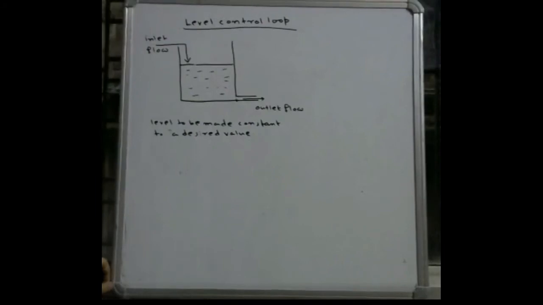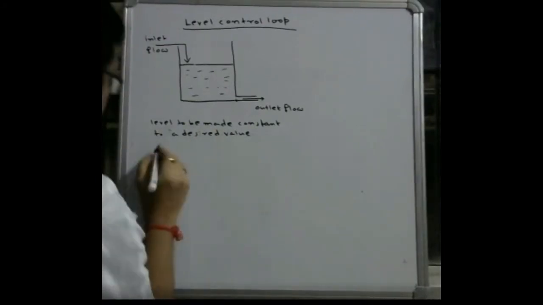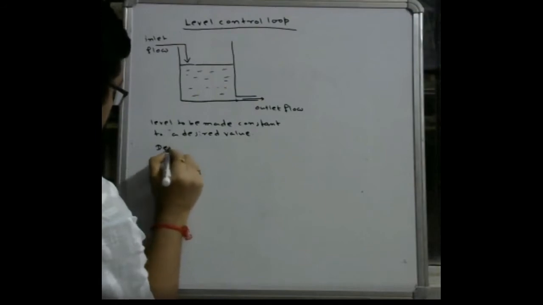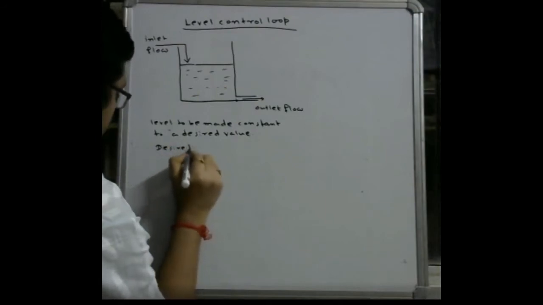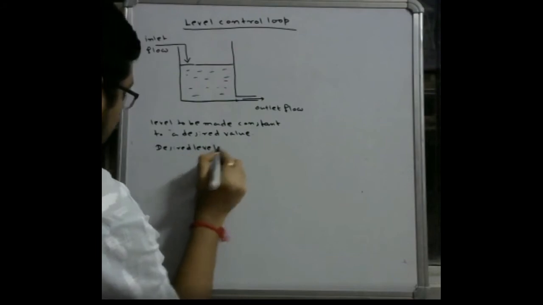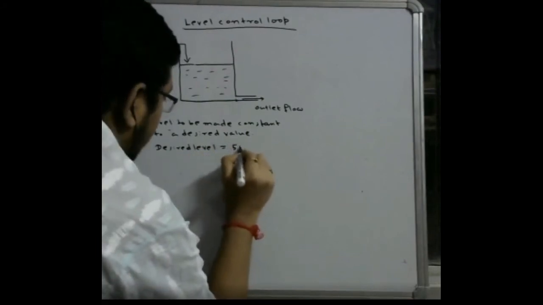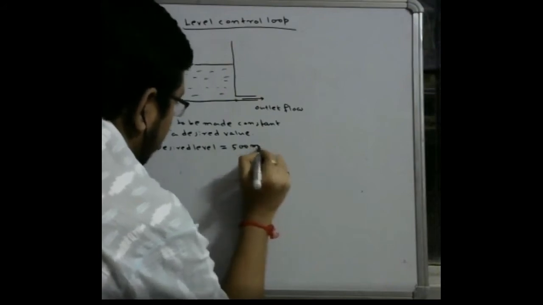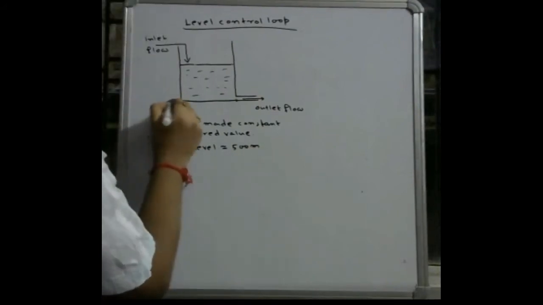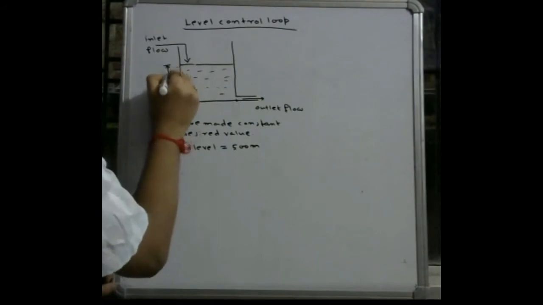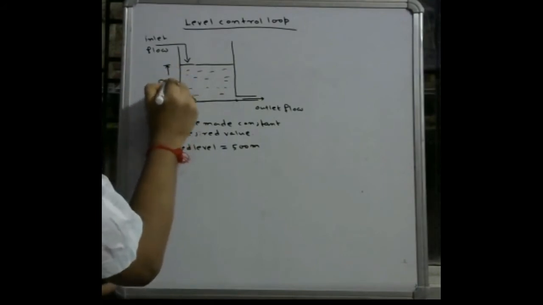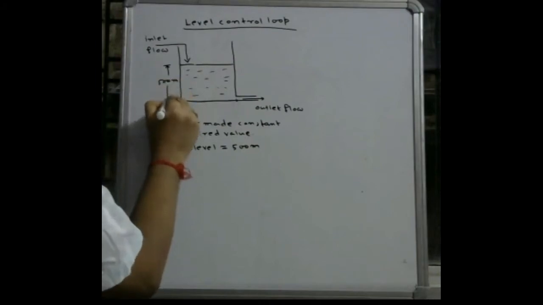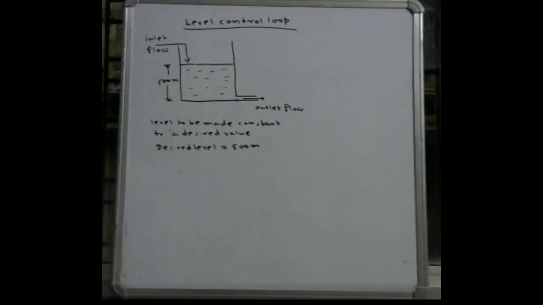Now suppose this desired level is 500 meter from the bottom. So this height is 500 meter. We have to maintain this height at 500 meter always by the use of some control.